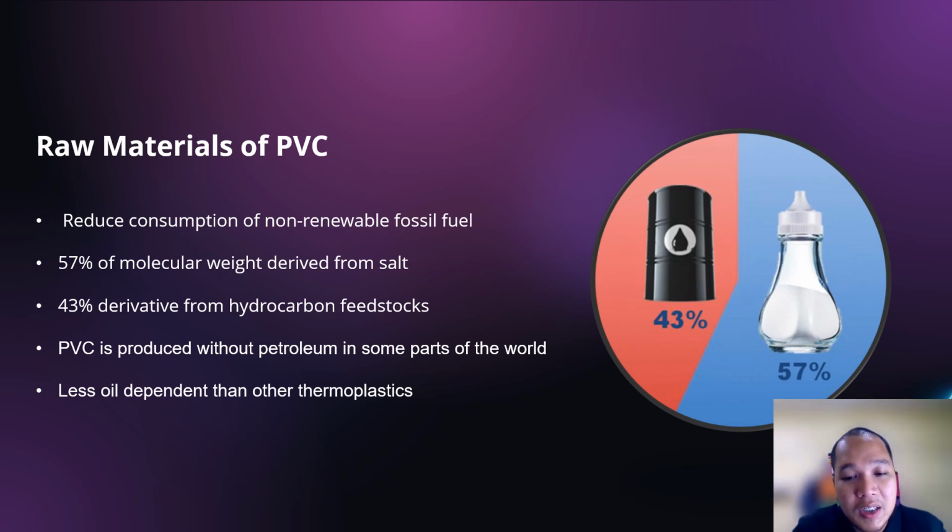In some regions of the world, PVC is made without using oil feedstock at all, substituting oil-derived hydrocarbon with bio-derived hydrocarbon feedstocks. PVC is therefore far less oil-dependent than other thermoplastics. It is also highly durable and energy efficient across a range of applications, which makes for an extremely effective use of raw material.